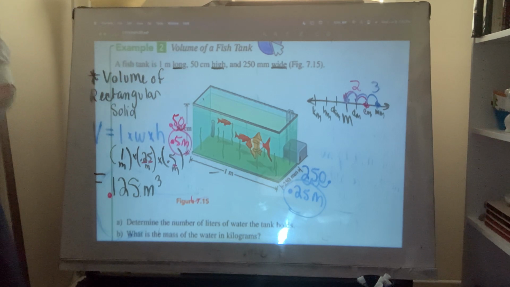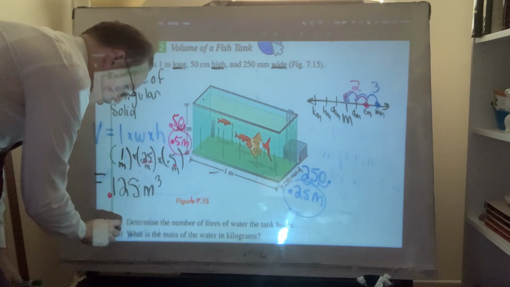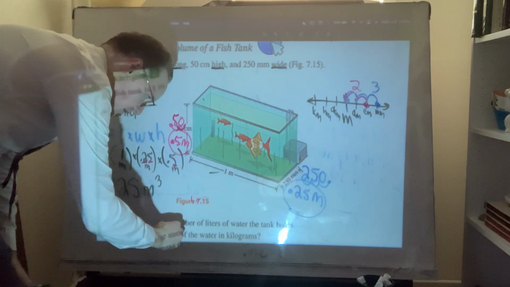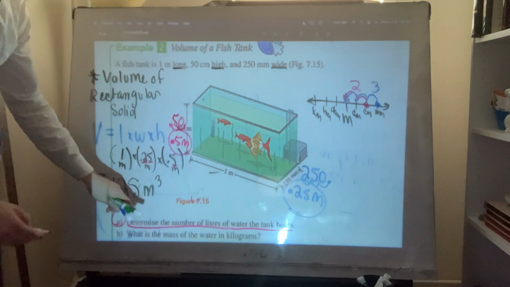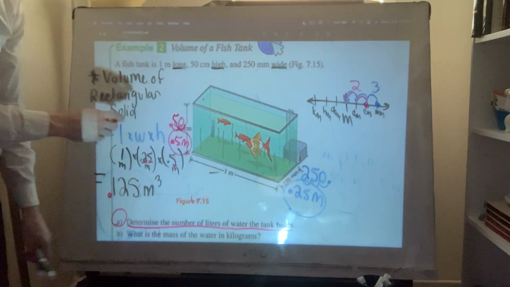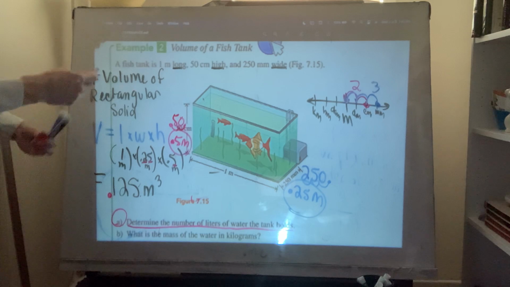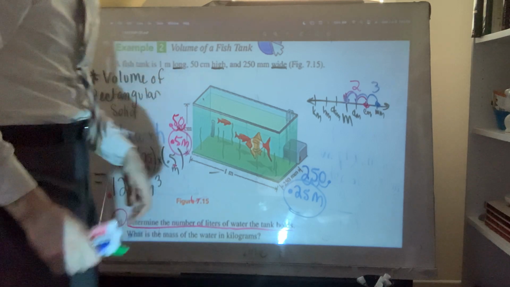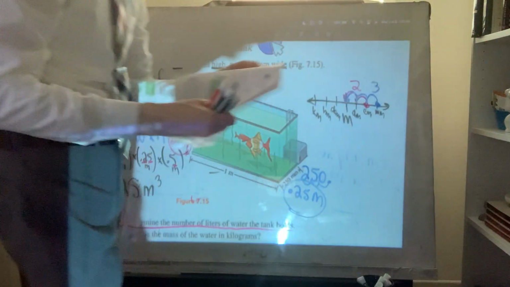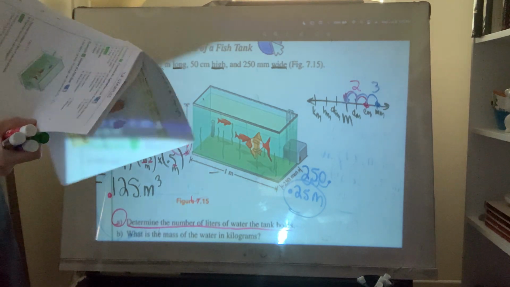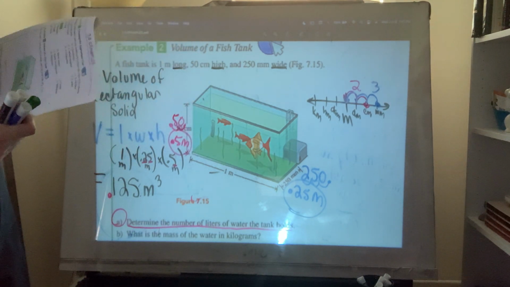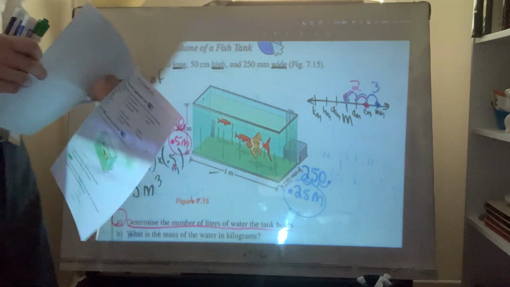Okay. Now, since the first question here says determine the number of liters of water, we would have to adapt cubic meters into so many liters, right? And in that event, let's borrow the information that we have established from here.